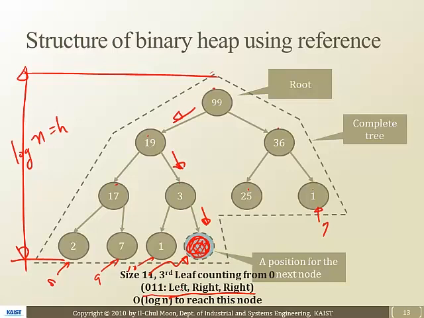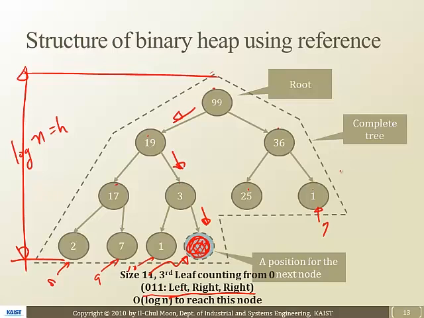So the navigation time itself is already fixed. However, how to determine left or right at each step is the question. How to do that? Actually, it is pretty simple math that you have to think about for a while.